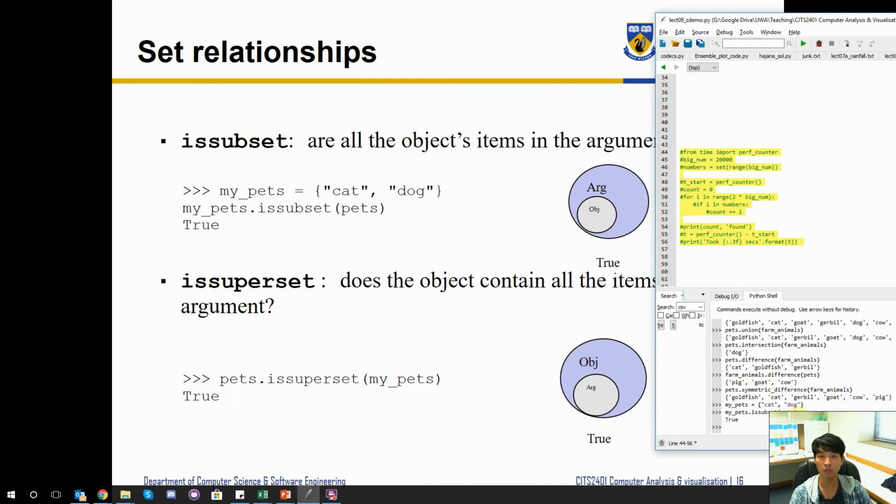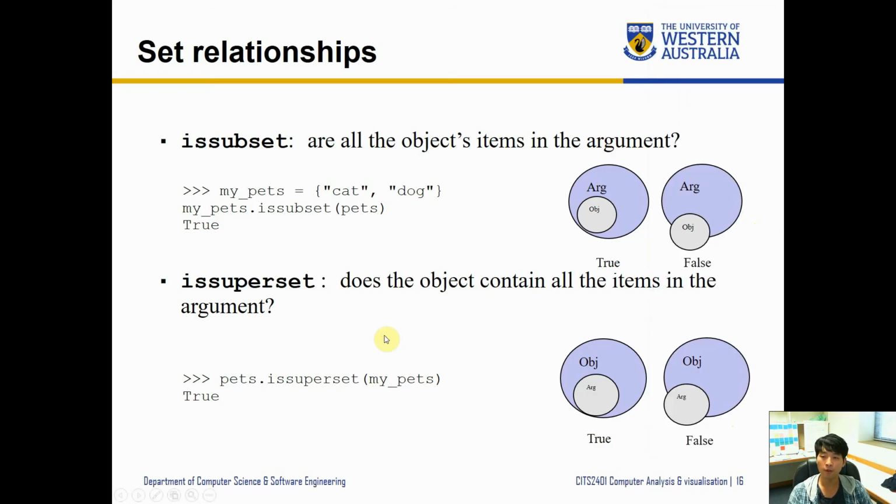Then this is true because all the pets contain both cat and dog, right? And also you can check the superset. pets.issuperset(my_pets). Okay, so this checks whether the invoked set contains all the items inside the input parameter set that we pass in. Okay, so this should be quite straightforward.